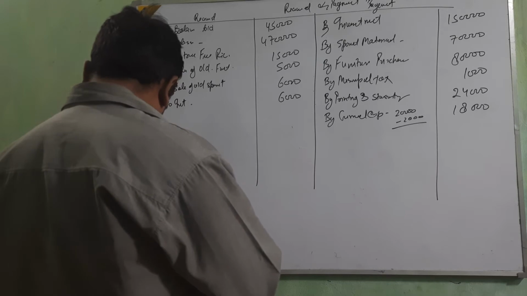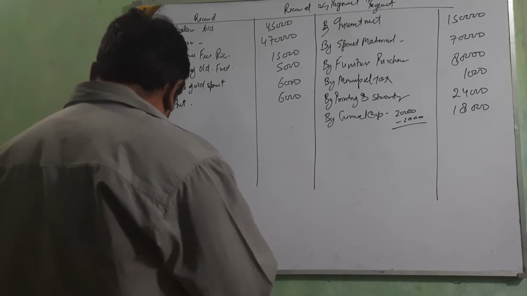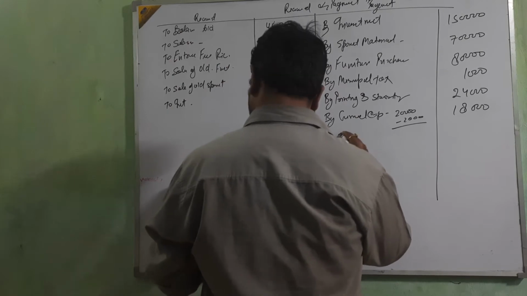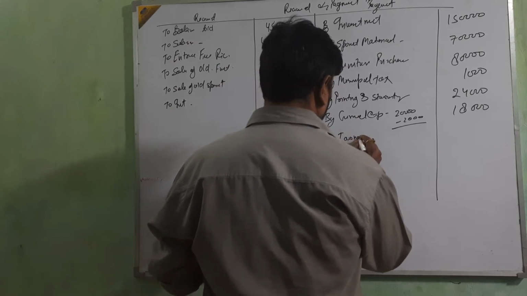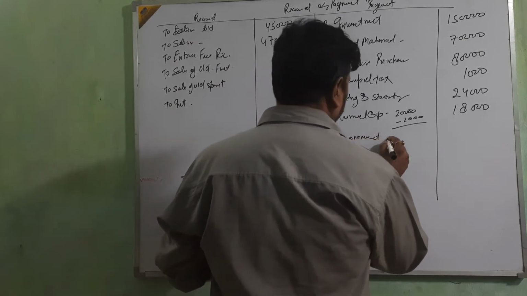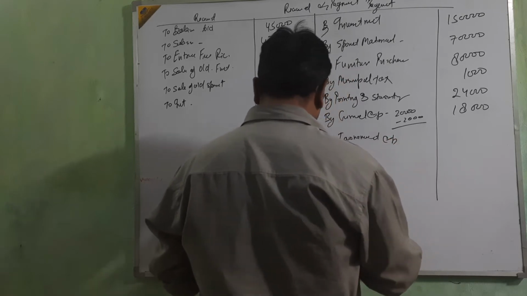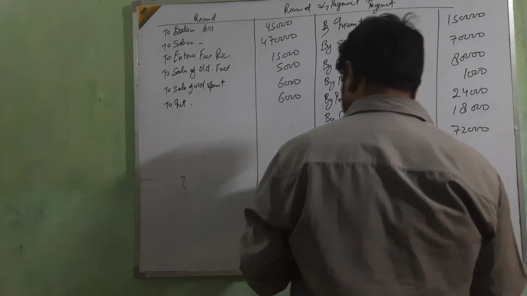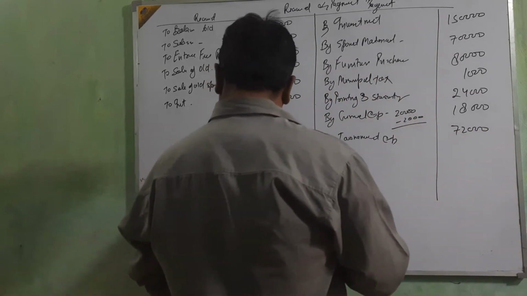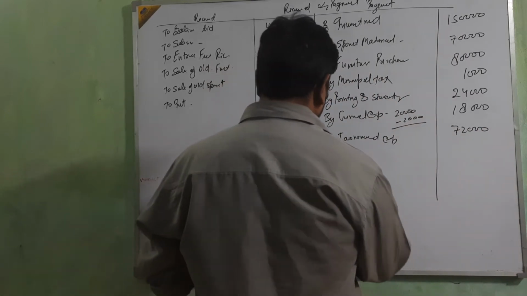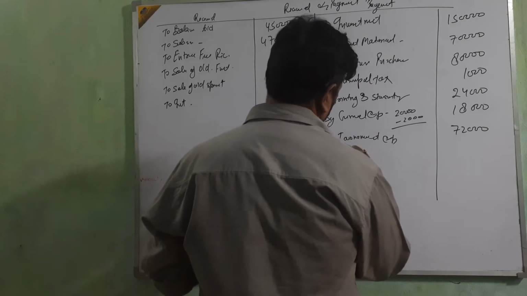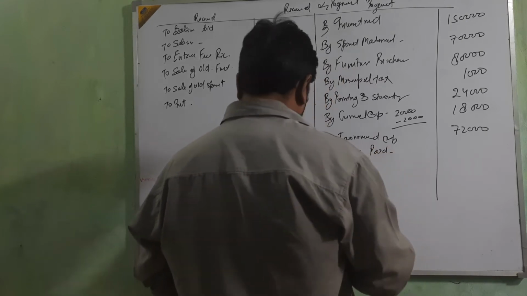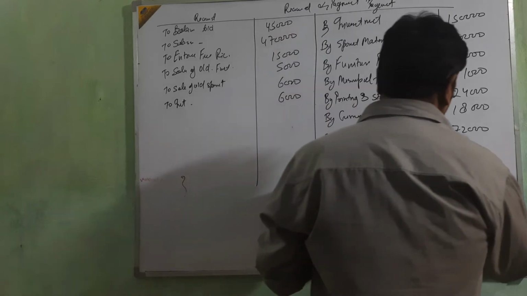Then tournament expense, and the amount is 72,000. Then salary paid, and the amount is 84,000.